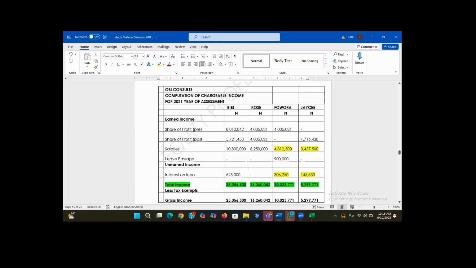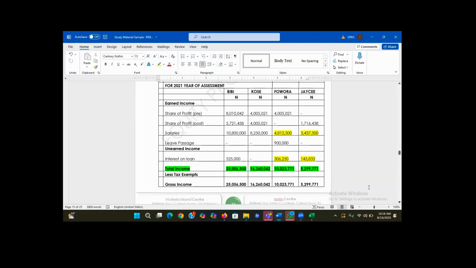What are the unearned income? Interest on loan. For BB, his own interest on loan is 525,000. We also get the one of Fora and the one of JC.